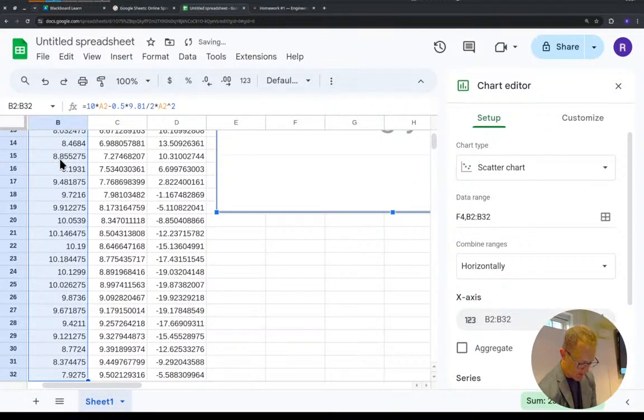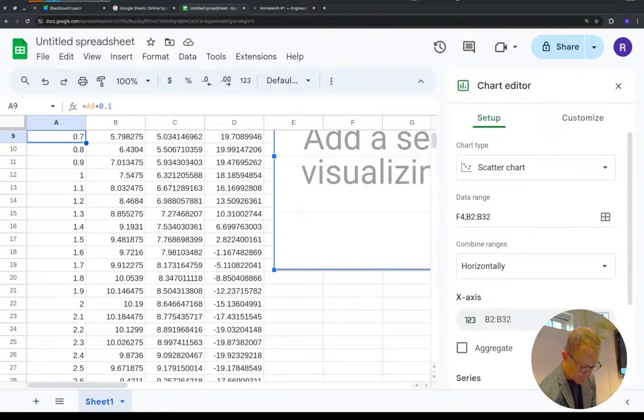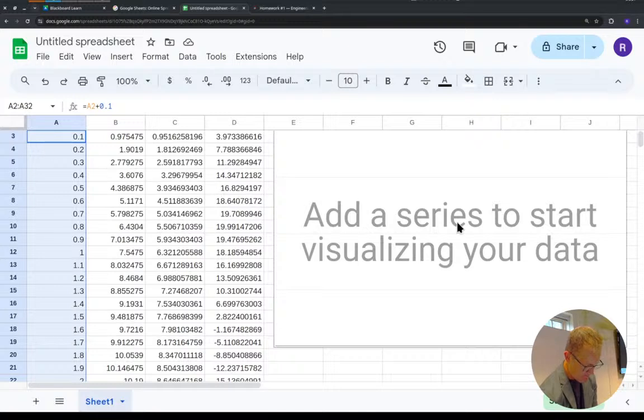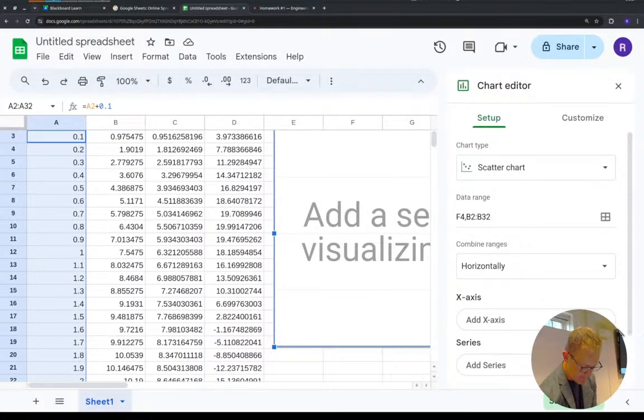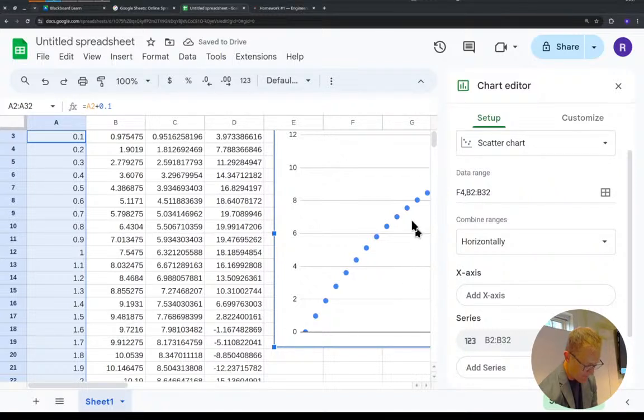Oh, that was B. Why won't it let me? A2 through A32. All right, there we go.